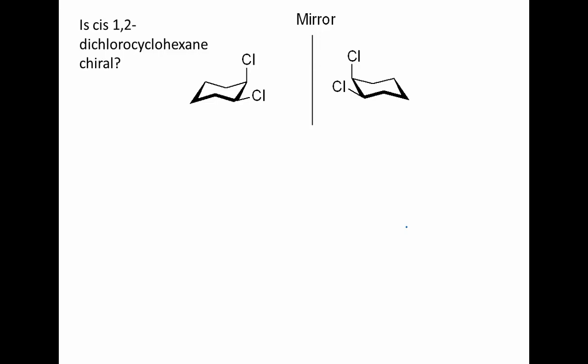So first off, you'd probably say, if one of those chlorines is axial and one's equatorial in the 1,2 relationship, you really cannot draw any plane of symmetry in this molecule. And if you look across the mirror, you see that. And there's no way to interconvert it.